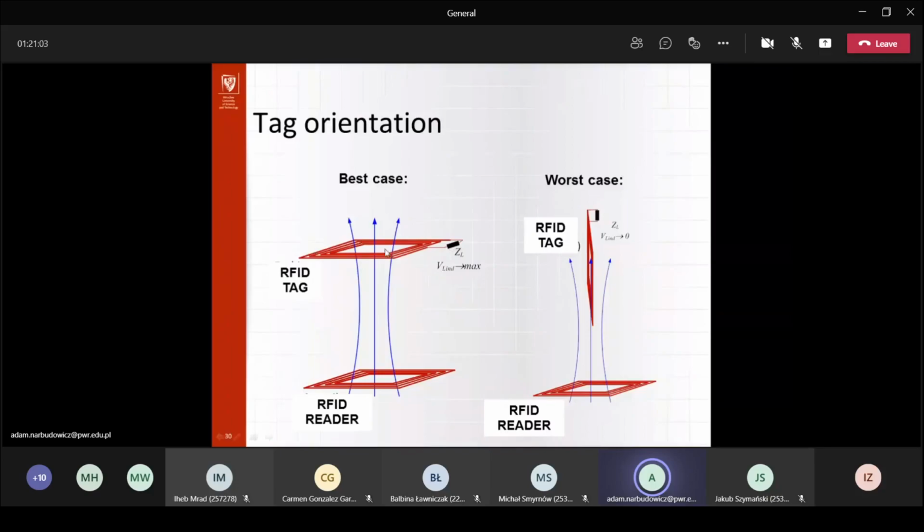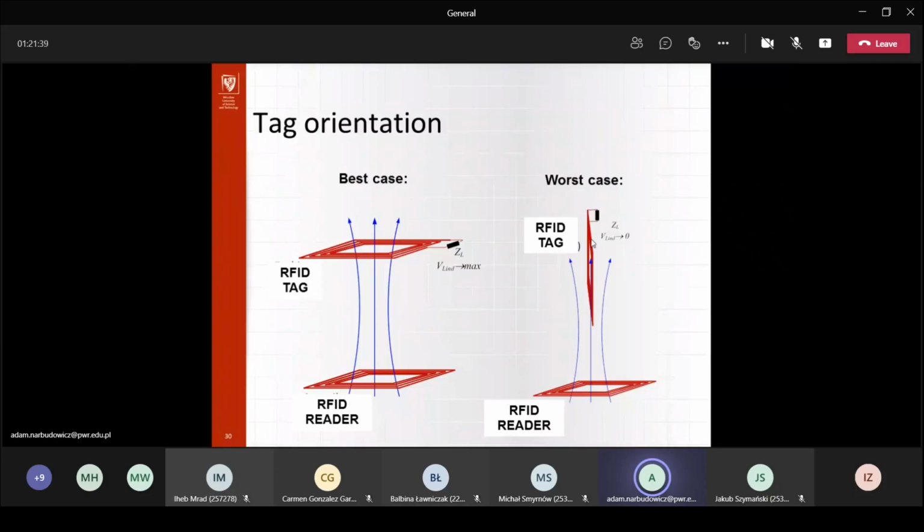Typically when we have the two coils parallel, there's really no problem, because the coils are facing each other. There's a large area within which they interact with each other, so we get the maximum of energy induced into our chip. The problem, of course, comes when, and that's something you cannot guarantee upfront, your RFID tag is placed orthogonally to the reader.